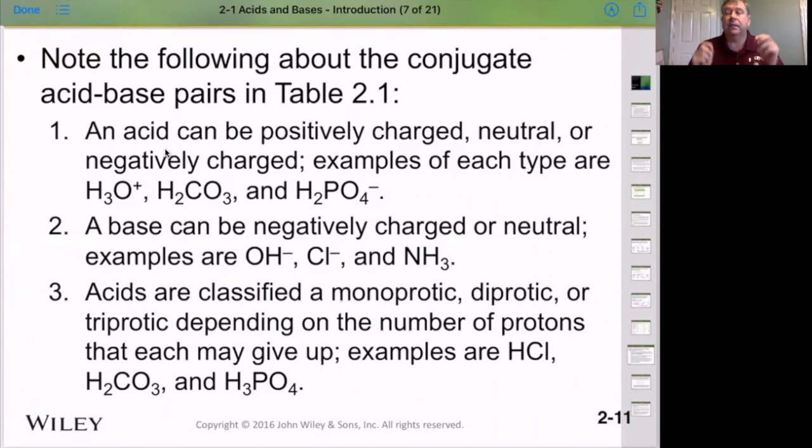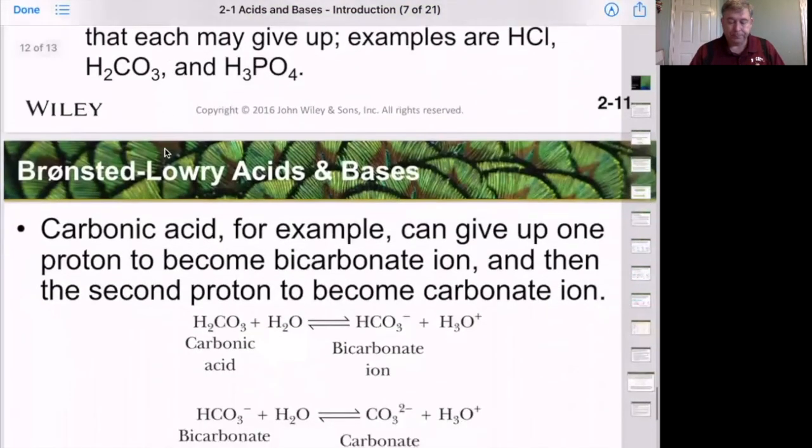And then we have things like phosphoric acid, which have up to three protons that can be transferred, okay? So acids can be positively charged, neutral, or negatively charged, but they can transfer protons. A base can be negatively charged or neutral, and the number of protons available to transfer tells us whether it's monoprotic, diprotic, or triprotic. Okay.